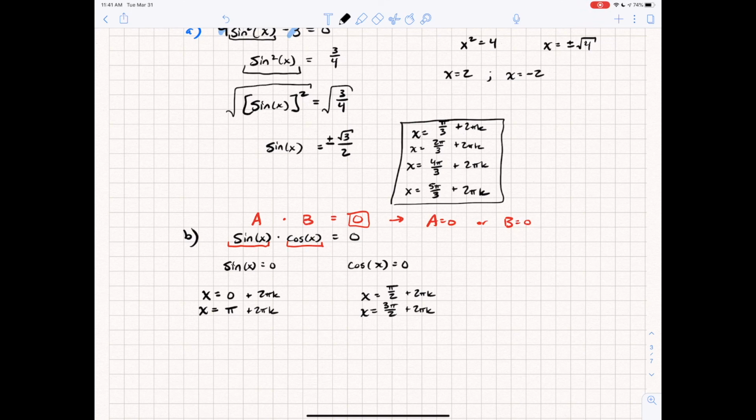Now, one way that we could rewrite these, taking this one step further, and this is semi-advanced, is that notice we're essentially counting every 0, pi, 2 pi, 3 pi, 4 pi, 5 pi, 6 pi, 7 pi. We're just counting all the pi's. So another way that I could express these first solutions is by just saying k times pi.